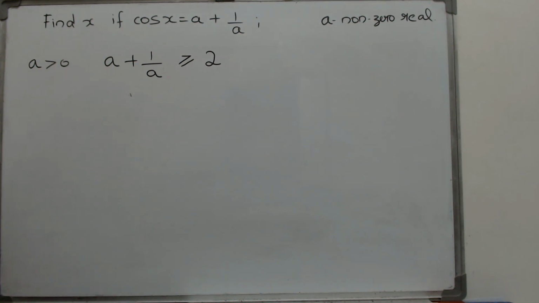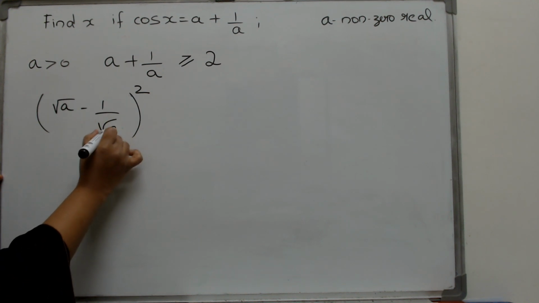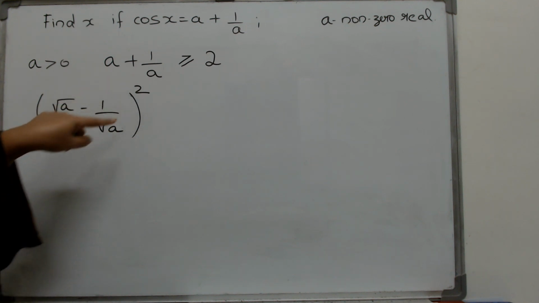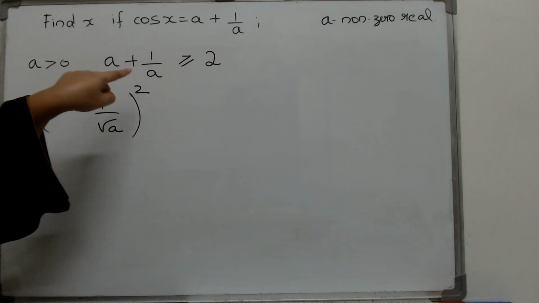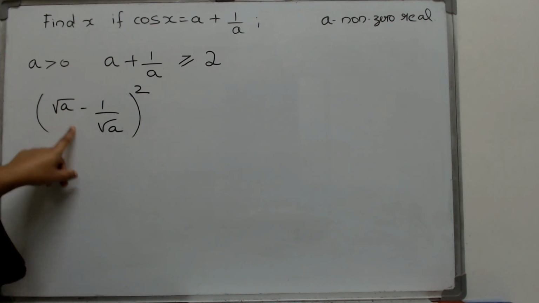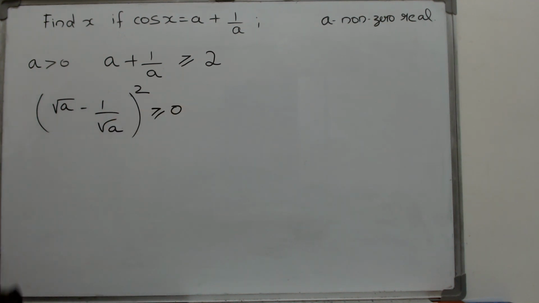This is one proof. There is another proof. The square of this. Now, the square of any number will always be positive. Even if the number itself is negative, its square will always be positive. Also remember, this is possible only because we are taking our a to be positive.